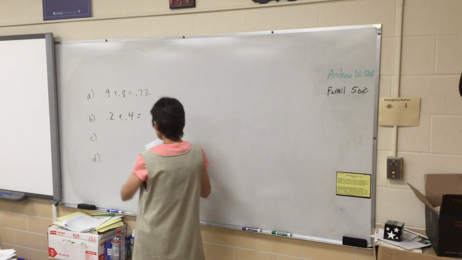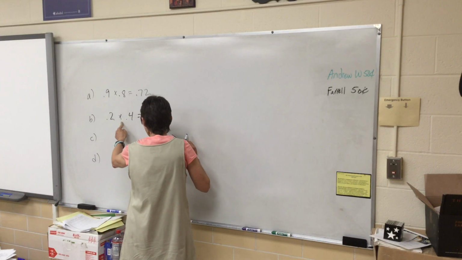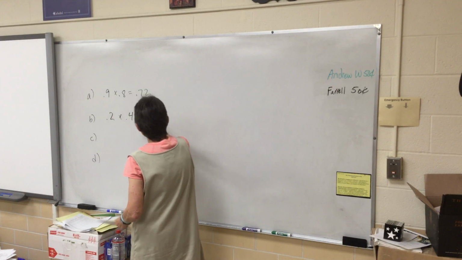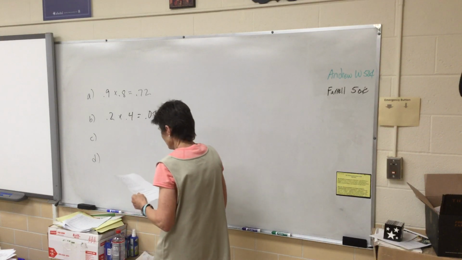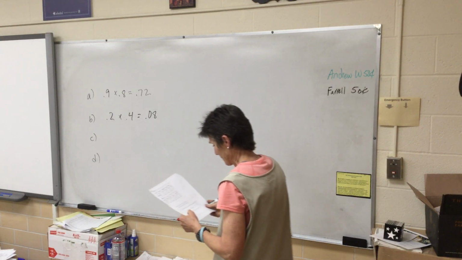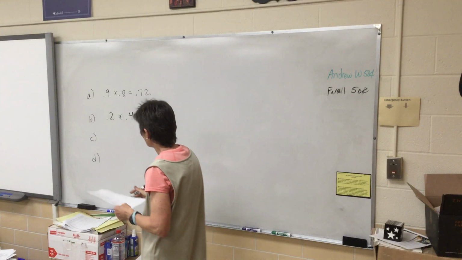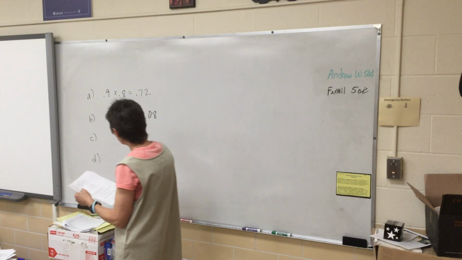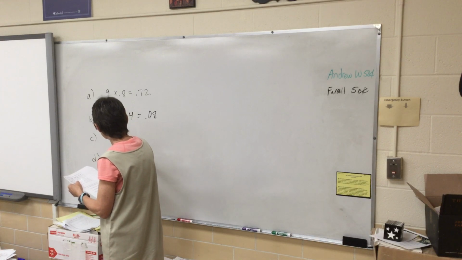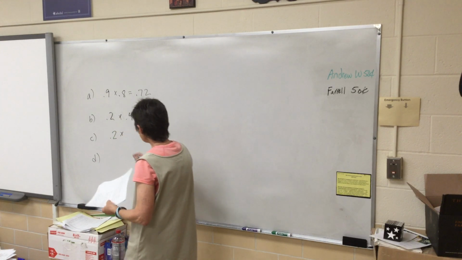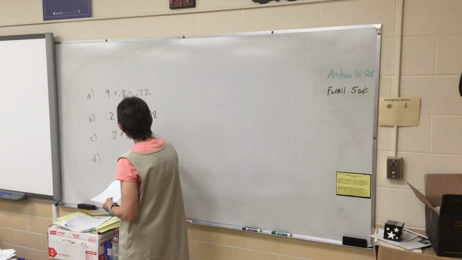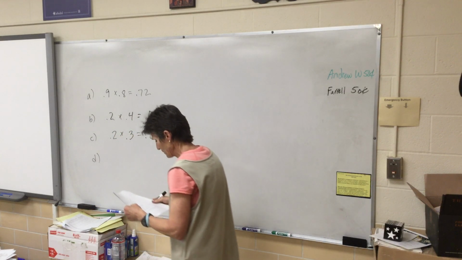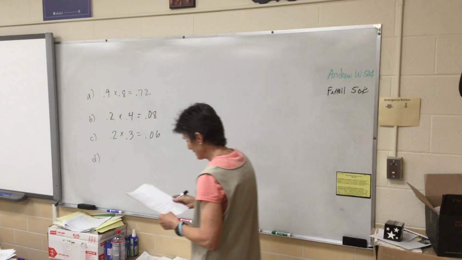So the probability that first likes English and second likes math is 0.08. Both like English. Well, the first class is 0.2 and the second class is 0.3, so that's 0.06. That's both like English.